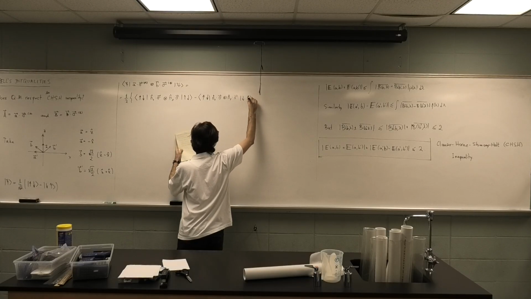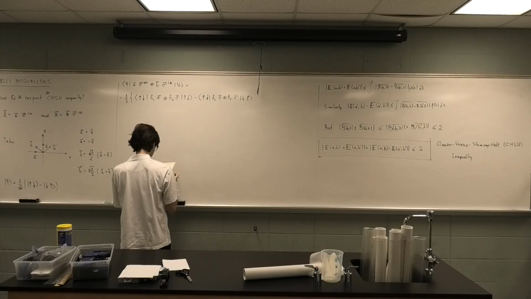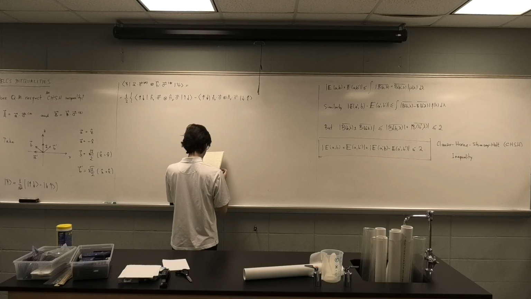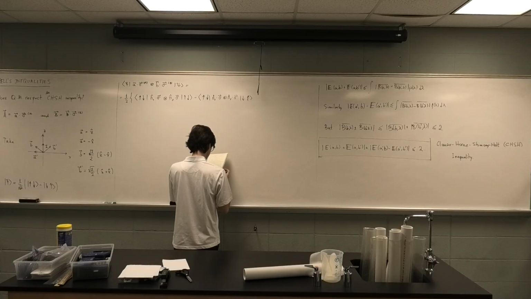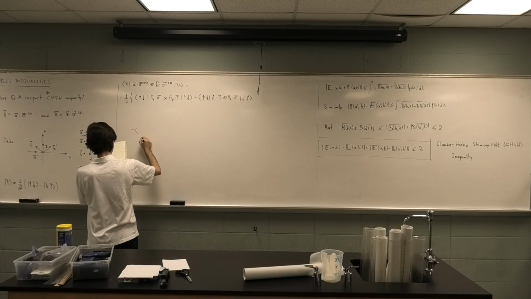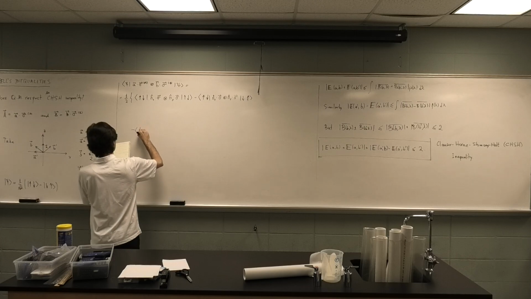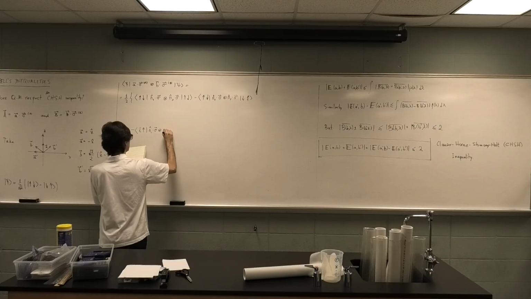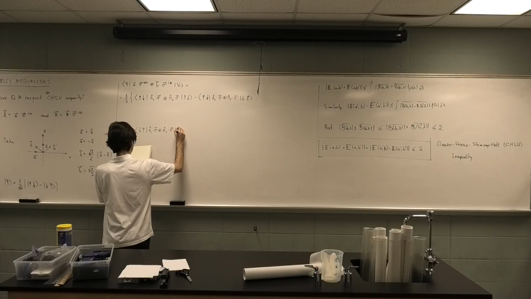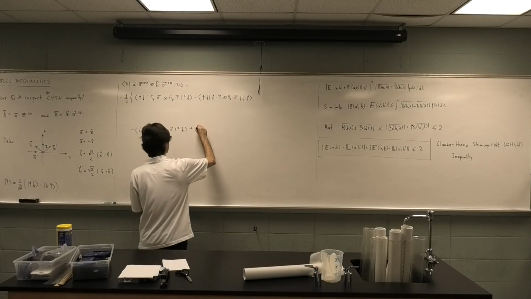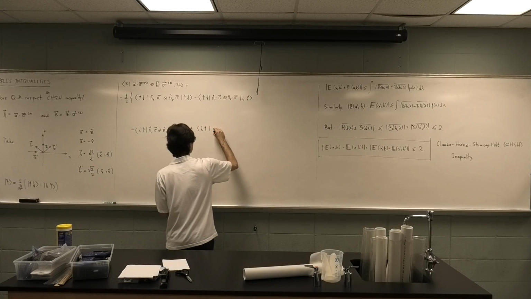Down up, with a minus sign, plus, another minus. Now it is down up, up down, and then plus, minus, and minus are plus. So now down up, down up.